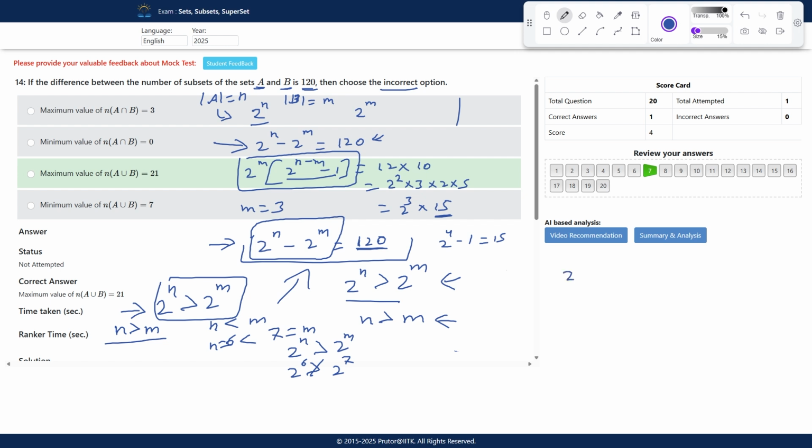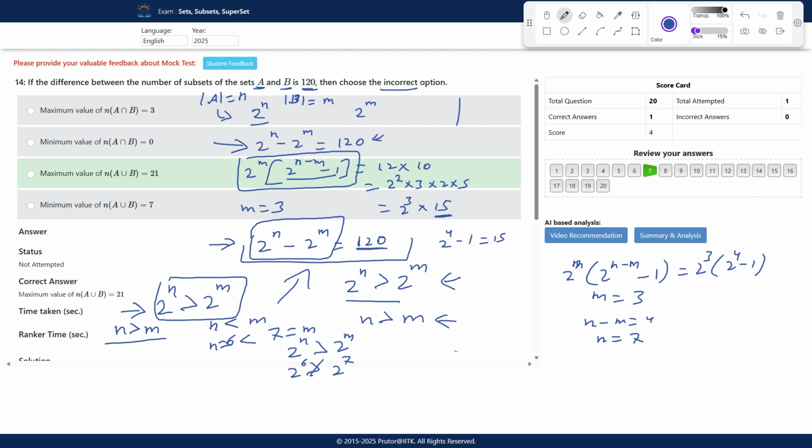Now, what we did is take 2 raised to the power m common. So 2 raised to the power n minus m, minus 1, is equal to 2 cube minus something like this. By comparing, m is 3, n minus m is 4, which means n is 7.